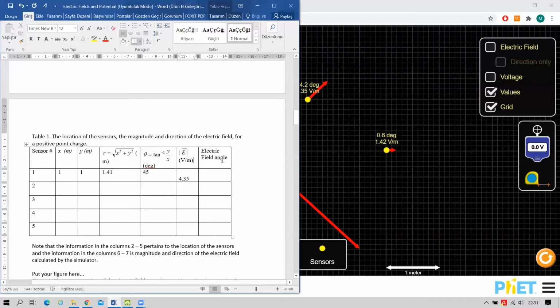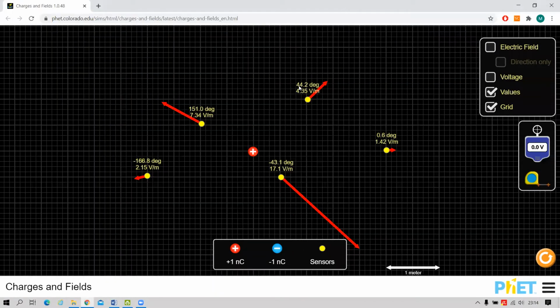And next is the electric field angle. What the electric field angle is, is to be measured from the sensor. This value over here is 44.2 degrees. Why is it not 45?